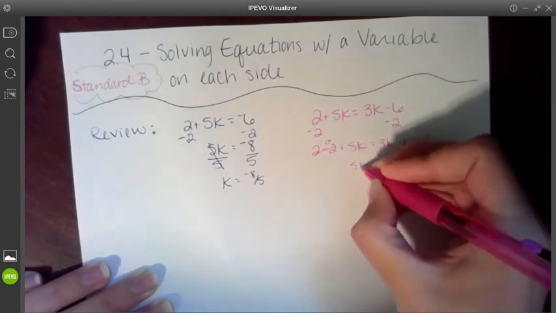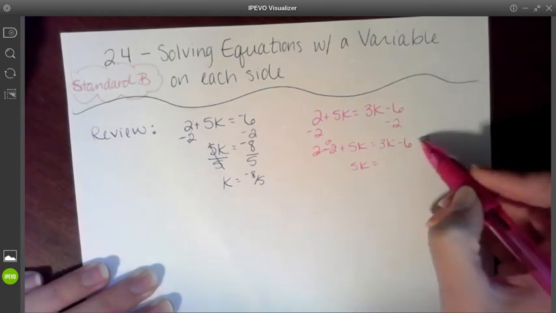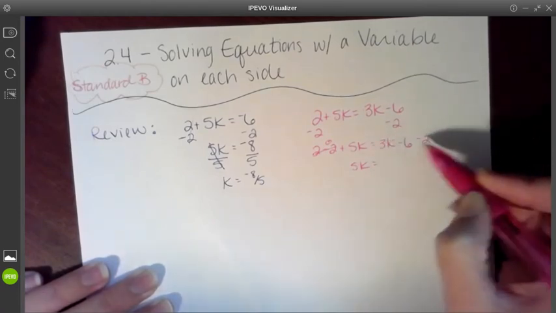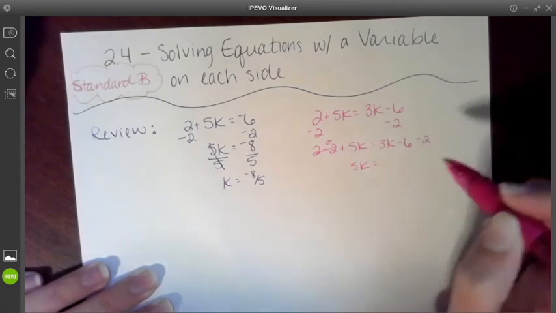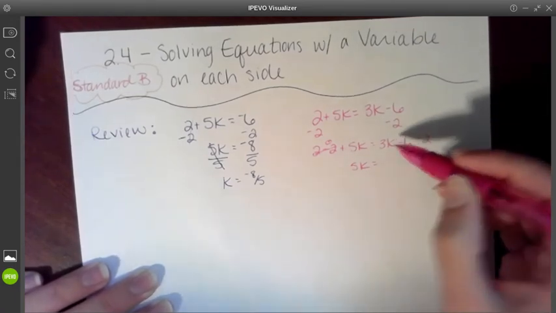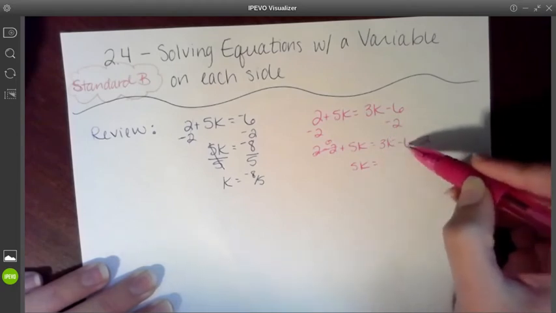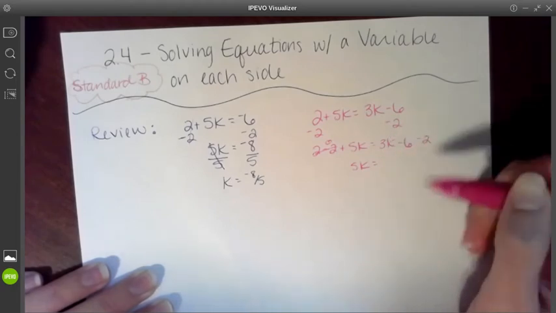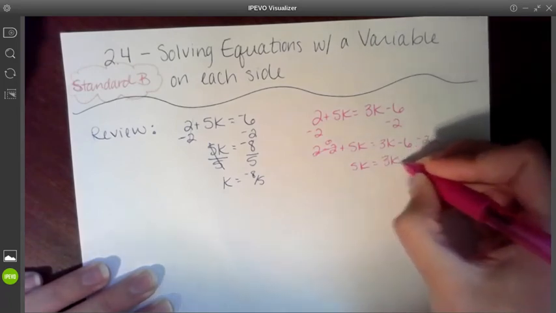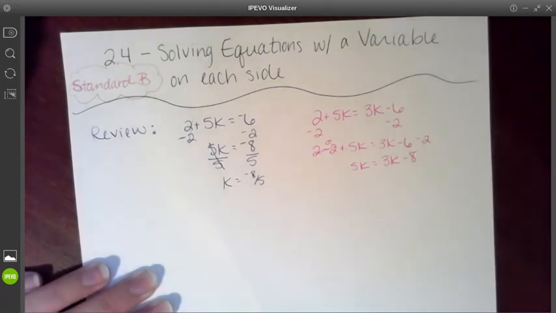Well, that's just 5k. Okay, over here, we have 3k minus 6 minus 2. Combine like terms. All right, there are no like terms on the side with the 3k. We have negative 6 minus 2. Negative 6 minus 2 is negative 8.